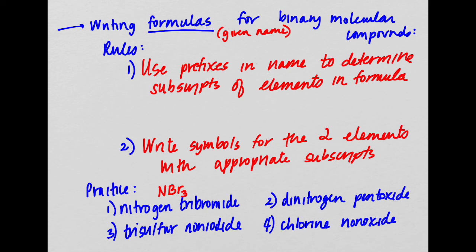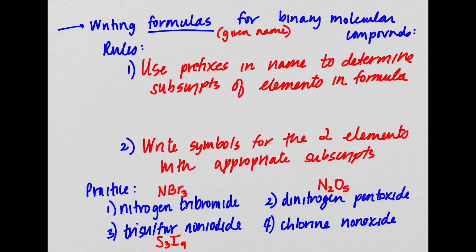Number 2, dinitrogen. So we have nitrogen again, and we have a 2 as a subscript. Pentoxide. We have O, oxygen, and 5 for penta. Then we have trisulfur noniodide. Wow. So we have trisulfur, so S3. Nona, remember, is 9, so we have iodine with a 9 subscript.